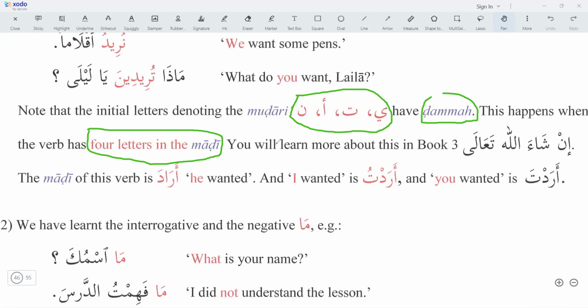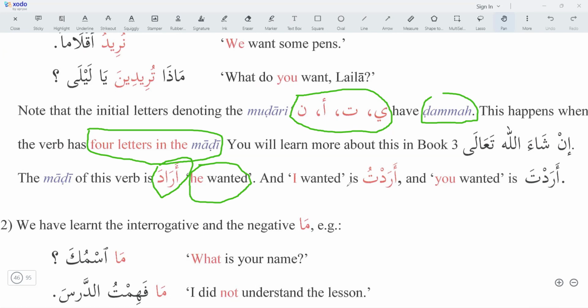And we will learn more about this in Book 3, inshallah. Note, the madi of the verb is arada. This is 4 letters. Arada in fi'l madi means he wanted. You can see here are 4 letters, 4 radicals of the verb.